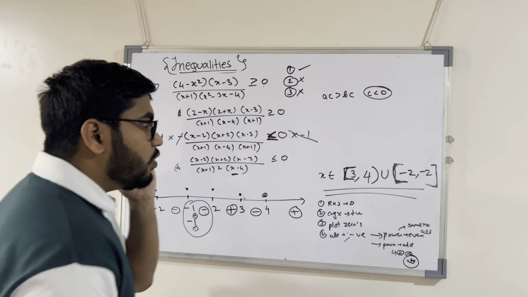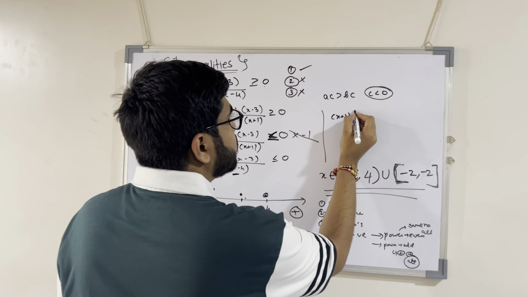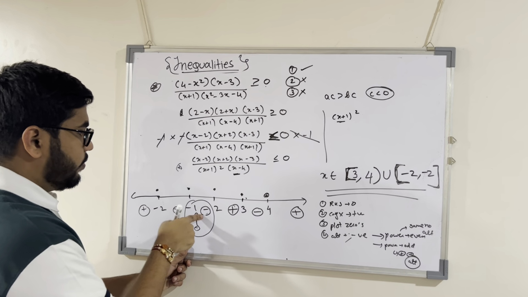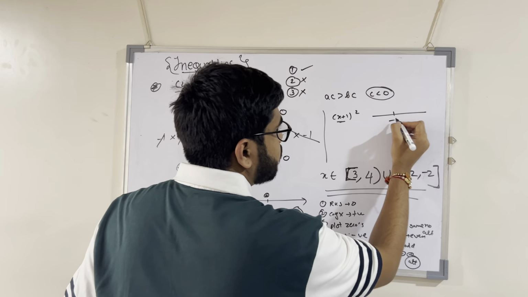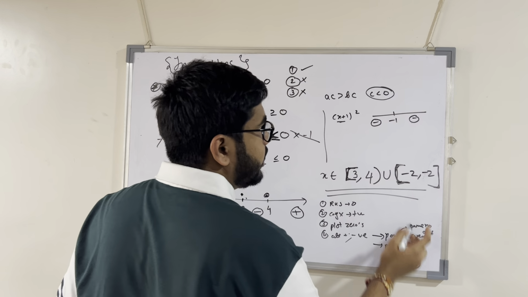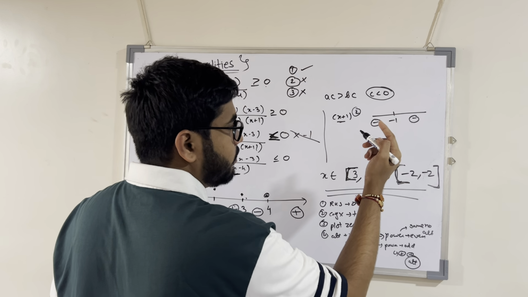Okay, what do I mean by power? Now suppose here x plus 1, right? X plus 1 the whole square, here the power is even, so the sign will remain the same, negative negative, right? Now how do I plot this? I plot this minus 1, so it will be negative here, and it will be negative here also, the sign will remain the same if the power is even. That is what we have to remember.